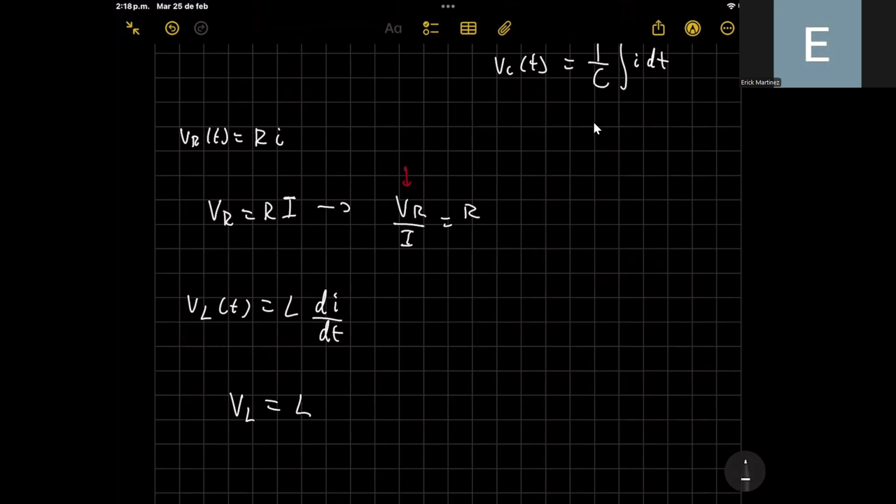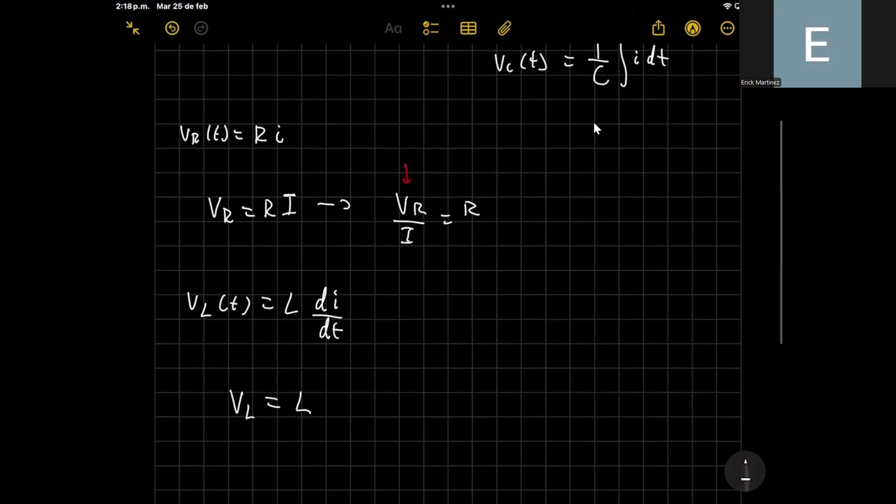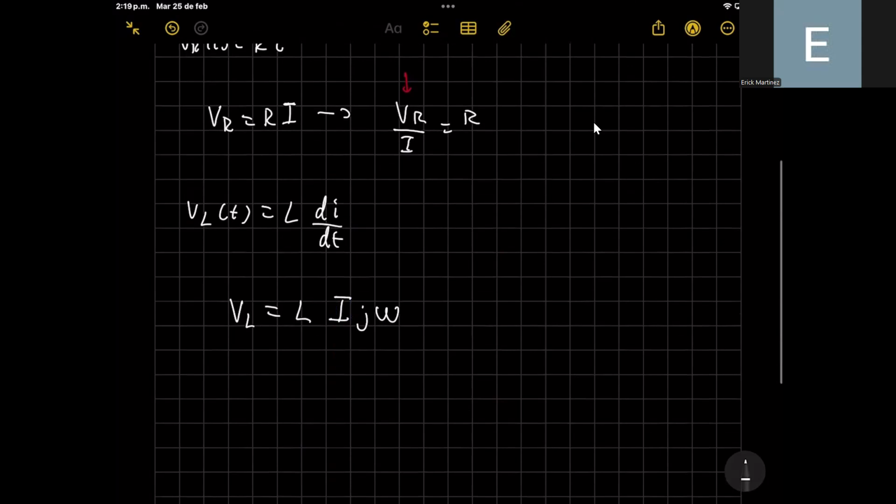Remember that to compute the phasor of a derivative, you need to take the phasor of the function, in this case the current I, and multiply it by j times omega. So the voltage to current relationship is VL over I, which is equal to L times j omega.